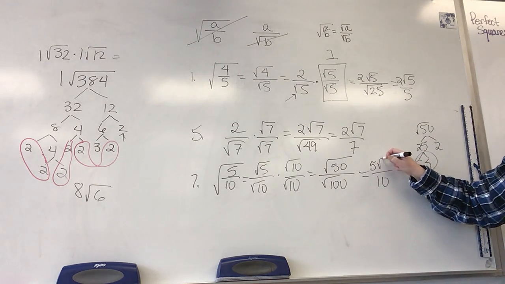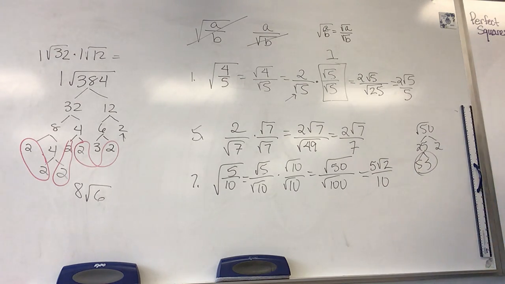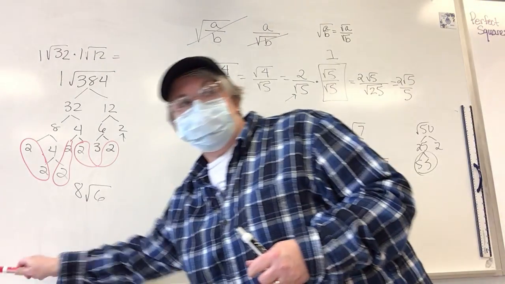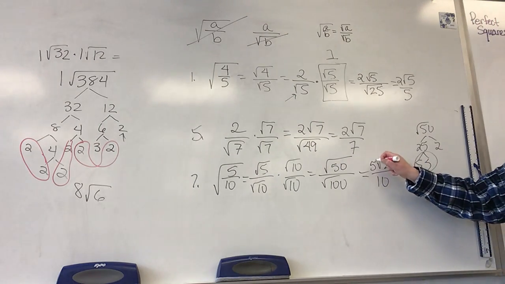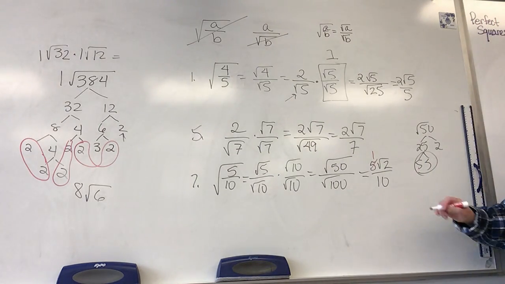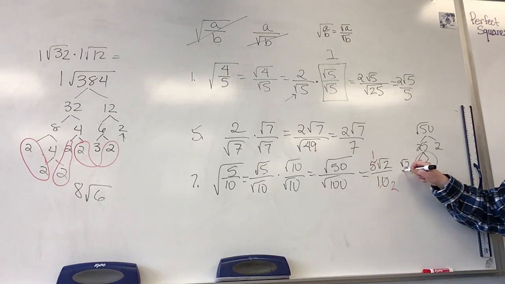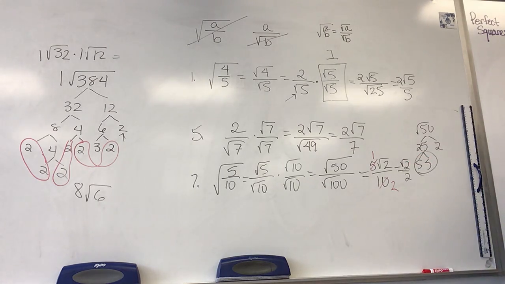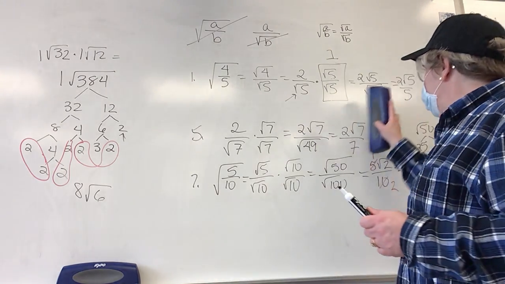So did you simplify to 5 radical 2? Oh my goodness. And then 5 goes into 5 once, goes into 10 twice, and so you get radical 2 over 2.